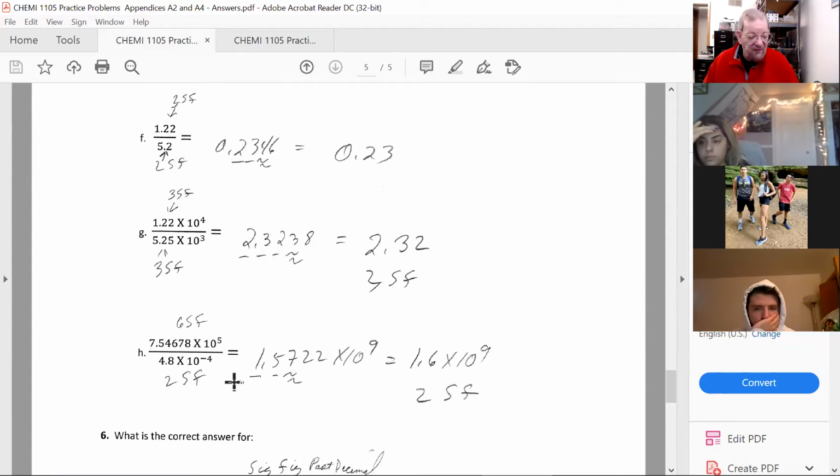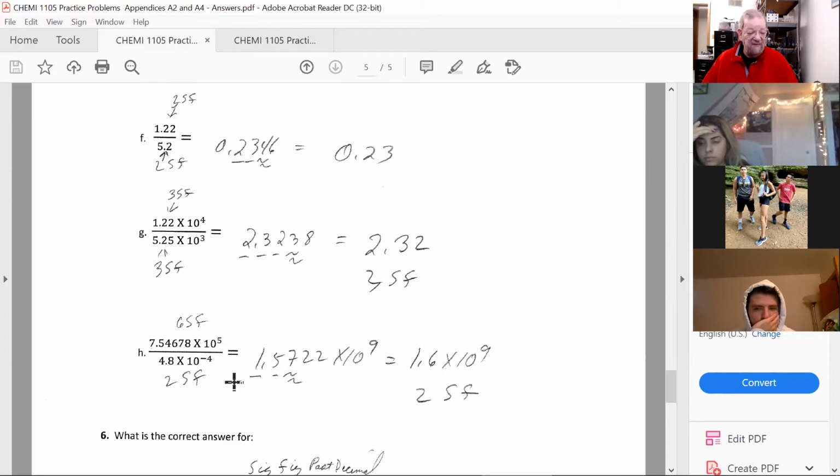And the bottom, 4.8 times 10 to the minus 4th, 2 significant figures. By the way, SF is shorthand for significant figures. When you multiply and divide, you get the same number of significant figures in your answer as the number that has the fewest significant figures you're using in your calculation. And in this case that is 2.